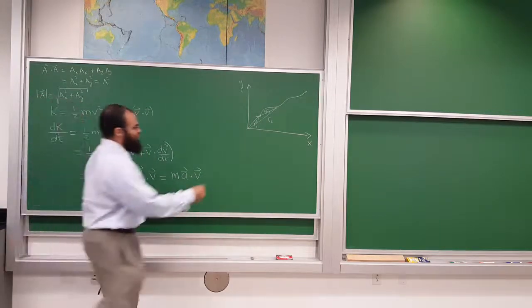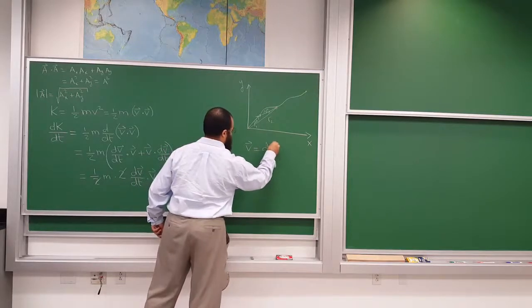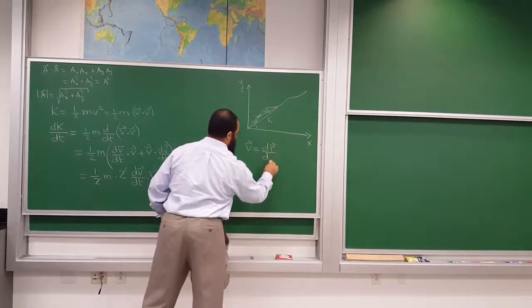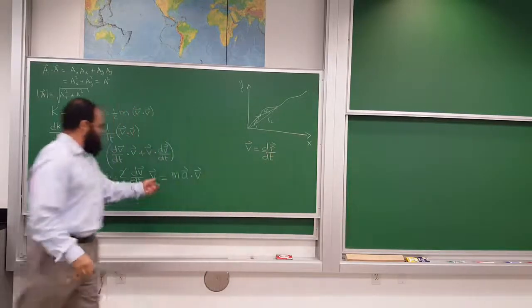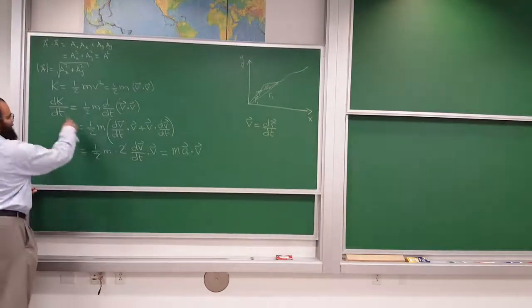And remember what v is. It's the rate of change of position with respect to time. So I think this would put everything together for us. Let me just summarize here.